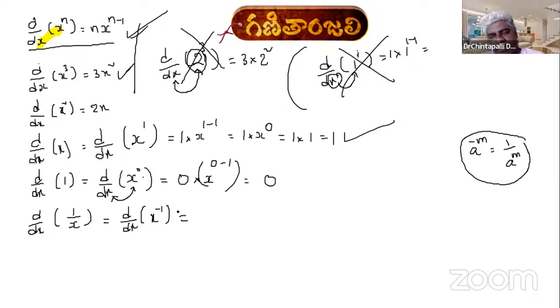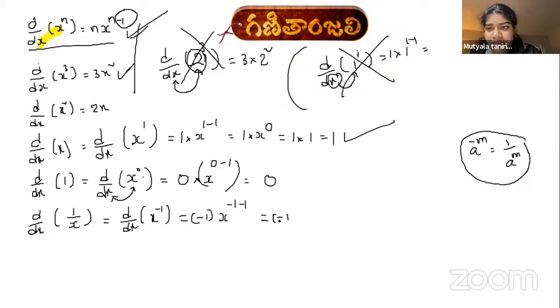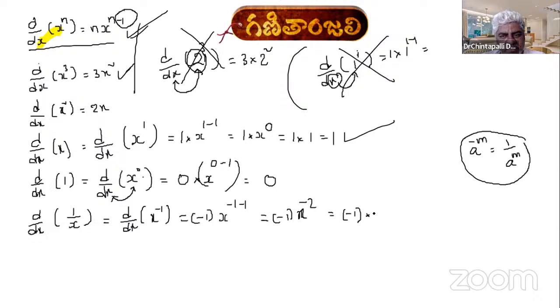Now we can use the formula: -1 times x to the power -1 minus 1, that is x to the power -2. So it is equal to -1 times x to the power -2, which means -1 by x square.